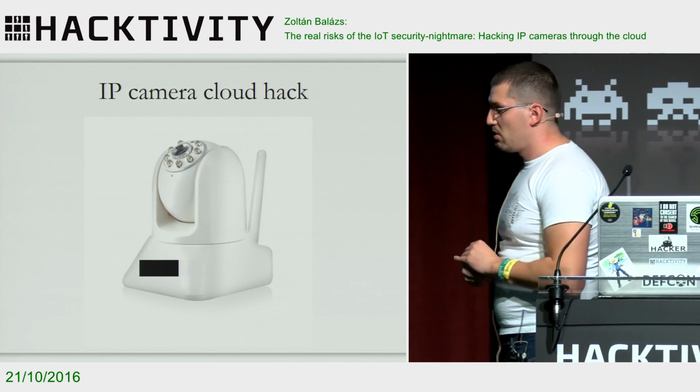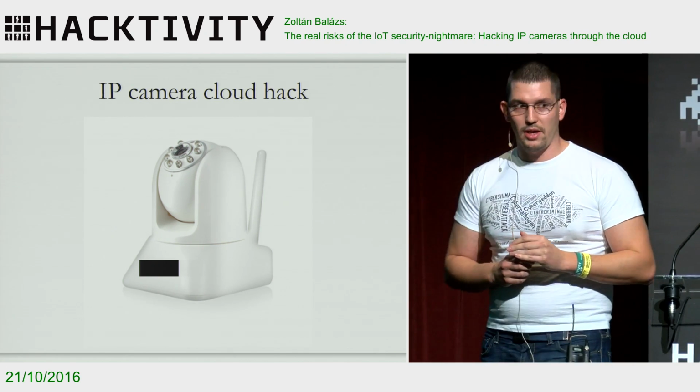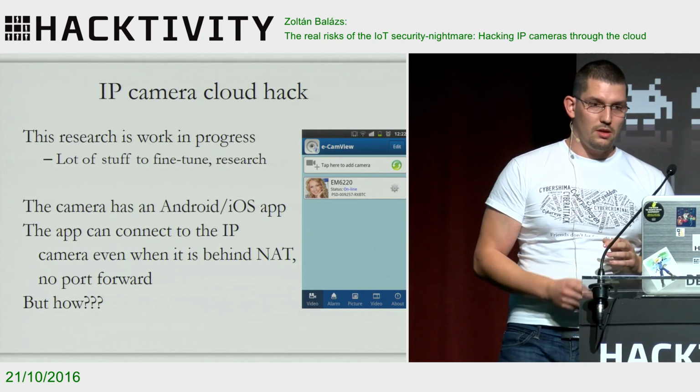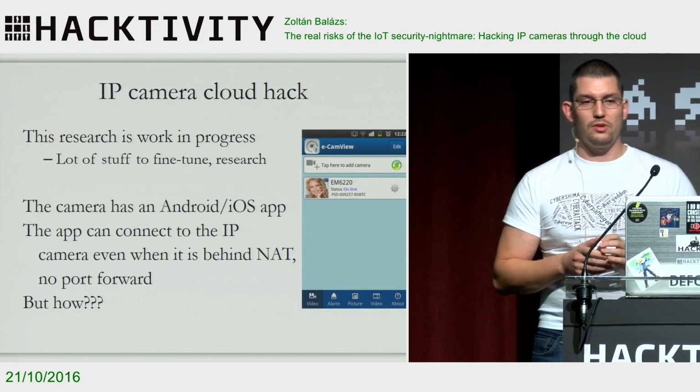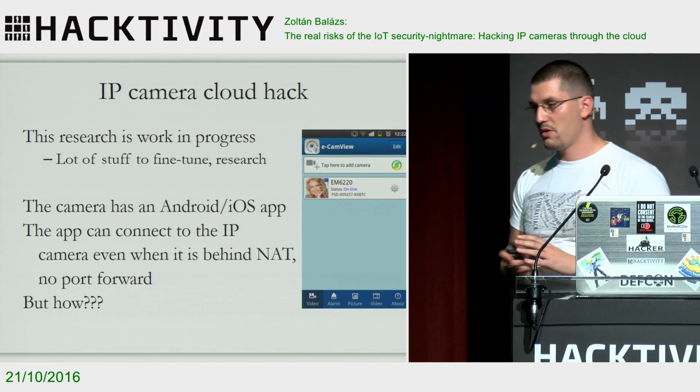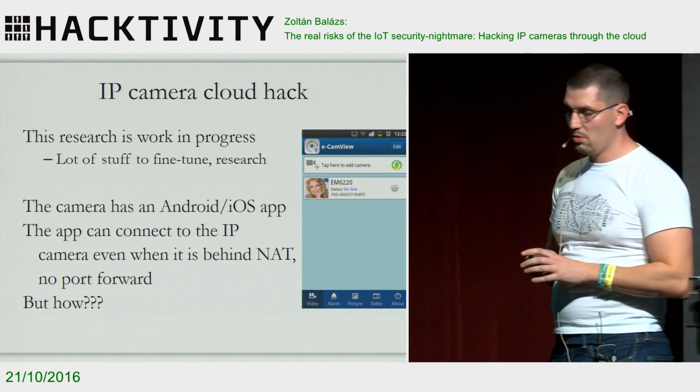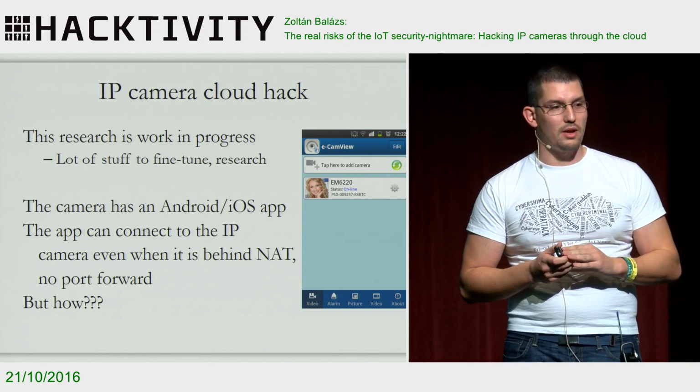Now, let's talk about the IP camera cloud hack. This research is still a work in progress. There are some details which I have to research, but I need time for that.